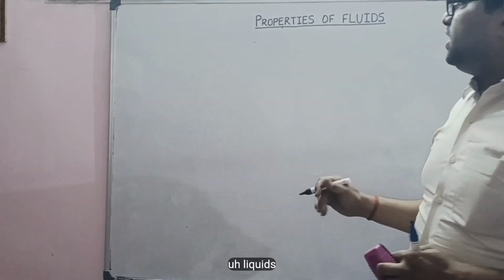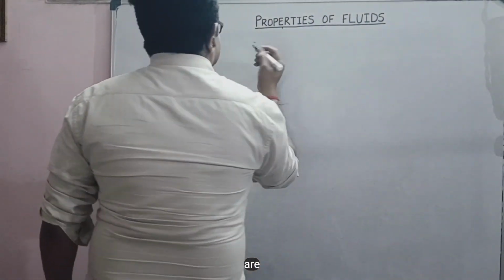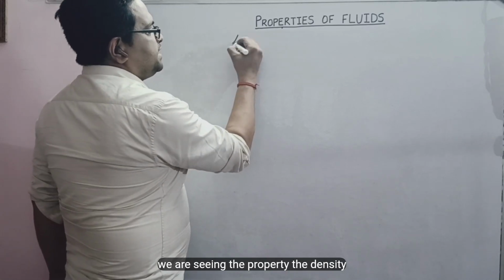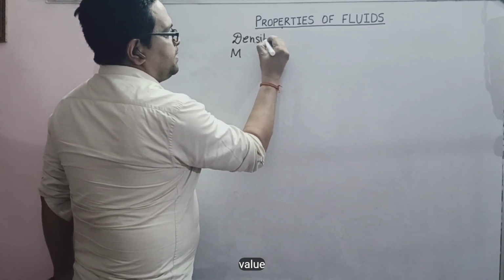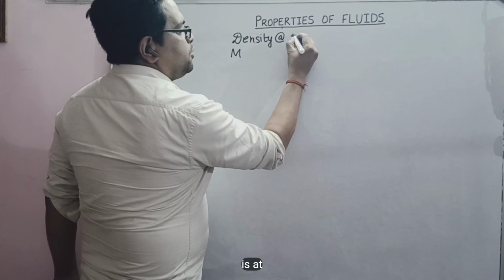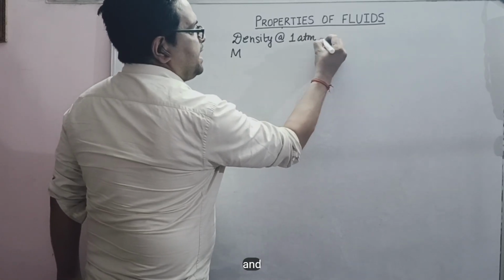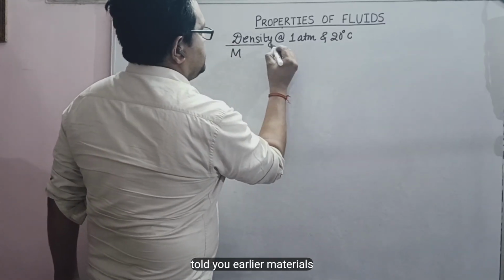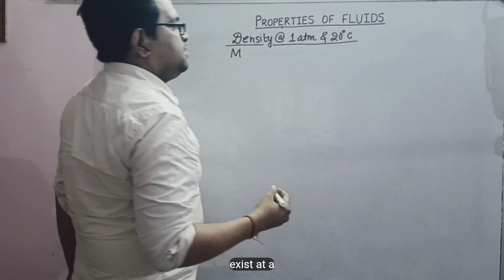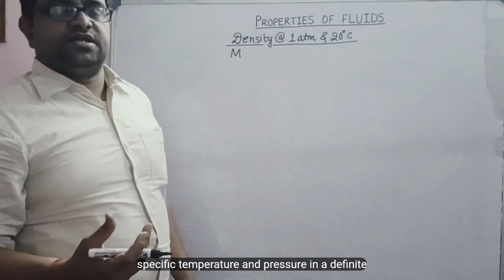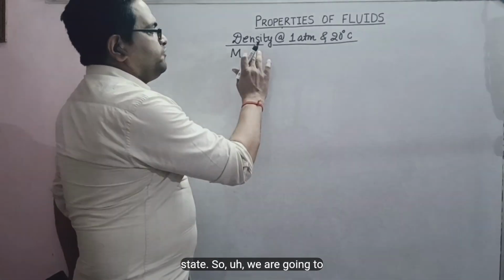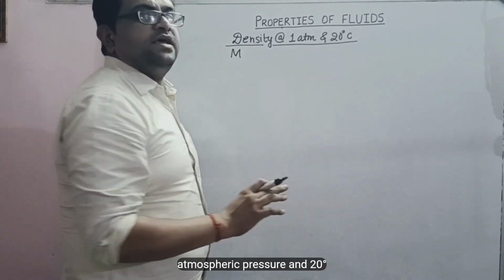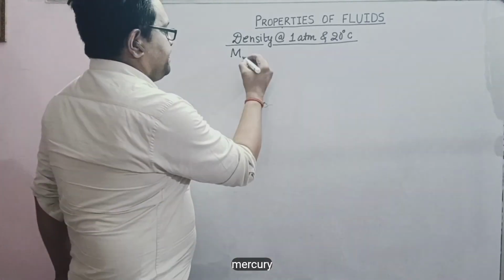Now some common liquids are, first is mercury. Now remember, the density value we are seeing is at 1 atm pressure and 20 degrees Celsius. As I have told you earlier, materials exist at a specific temperature and pressure in a definite state. So we are going to see the density of some of the fluids at 1 atmospheric pressure and 20 degrees Celsius. First is mercury.